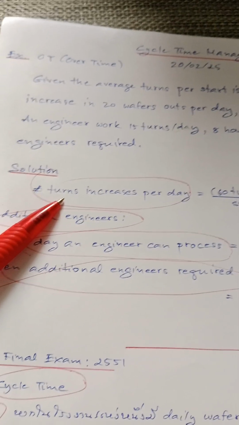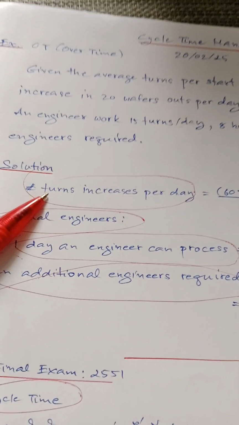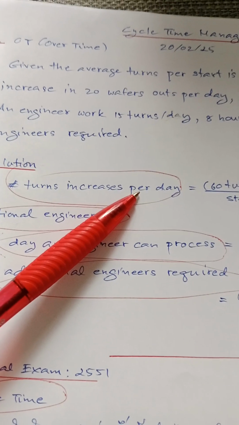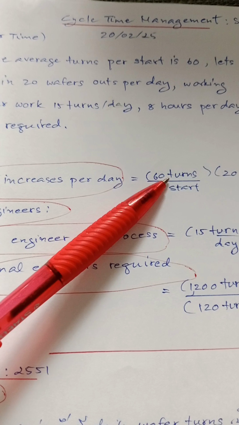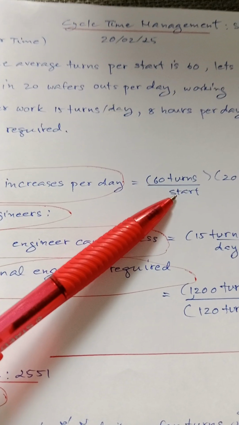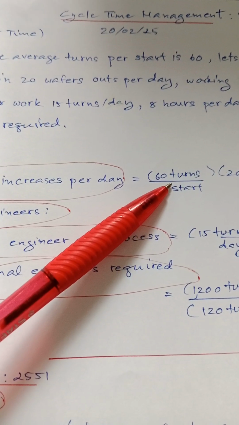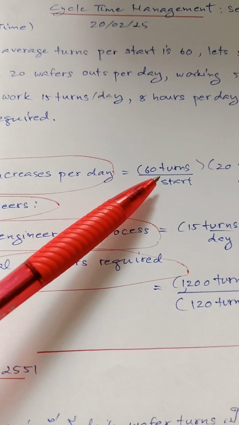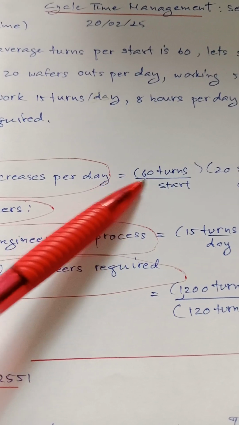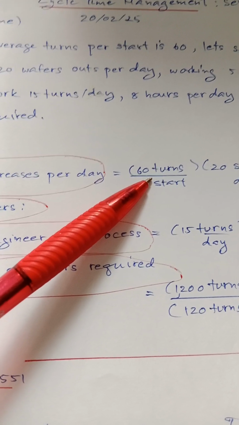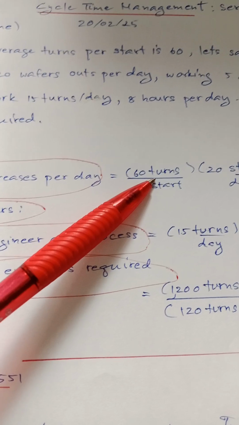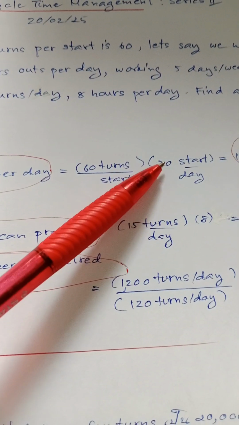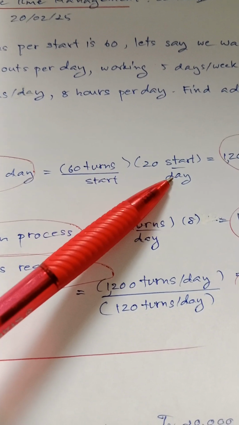So you begin by looking for the number of turns increase per day. You simply multiply 60 turns per start, or the uppercase T. This means that for one wafer you need to process 60 turns, or 60 steps, or 60 moves, and you want to increase the number of wafers by 20 per day.